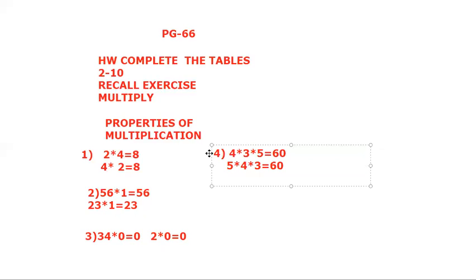Even if I change again, 3 into 4 into 5, 3 into 4, 12. 12 5s are 60. See, when I am altering the order of 3 numbers when multiplied together, the product is always the same.